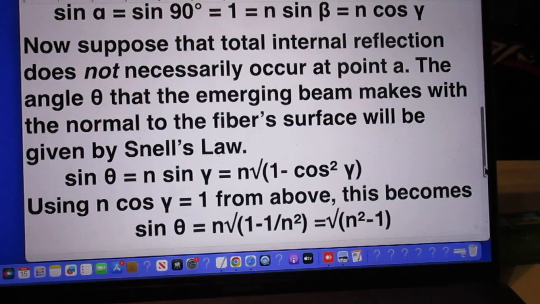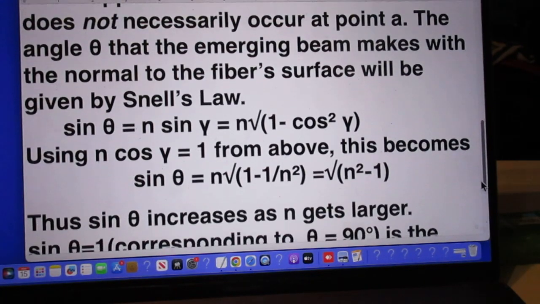Straightforward high school physics. Since n cosine gamma is 1, this equation becomes this equation. Trivial high school algebra. Which leads to the fact that sine theta is the square root of n squared minus 1.